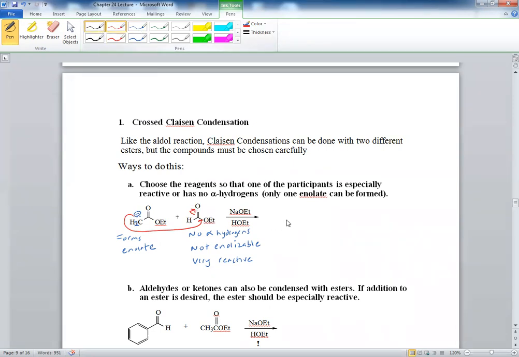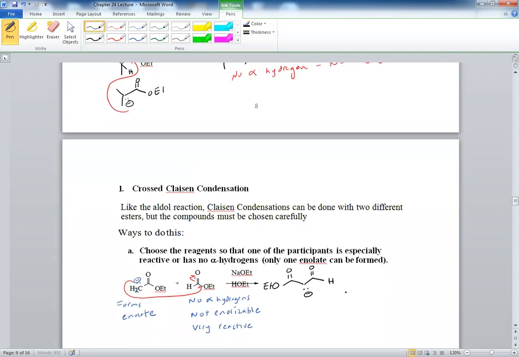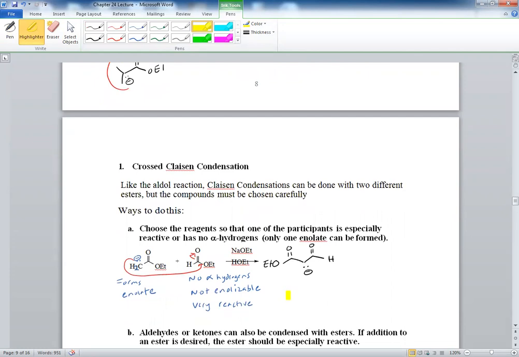And therefore our product will be at the end. Let me mark this so you can see it. This is yellow.